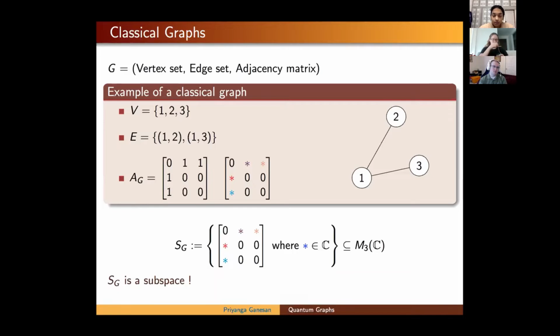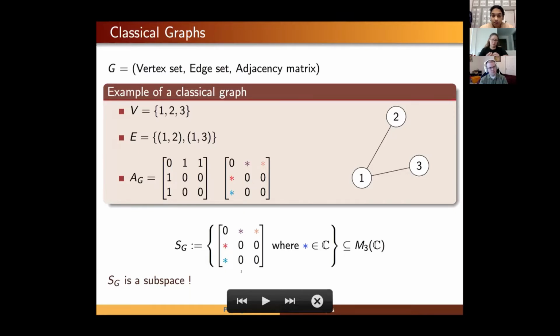And what we can do is replace this 1 by any non-zero number, and we could still extract the same information from that matrix. So even if we replaced these ones by all different non-zero numbers and get a matrix of this form where the stars are all different non-zero numbers, we would still get the same information about the graph. So one way to generalize a classical graph is by generalizing this structure, the skeleton of this adjacency matrix.